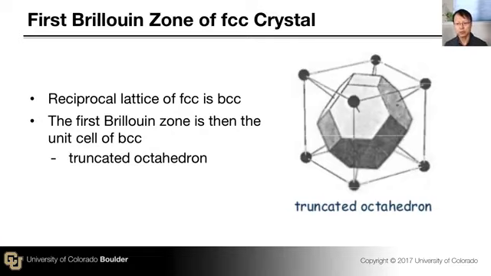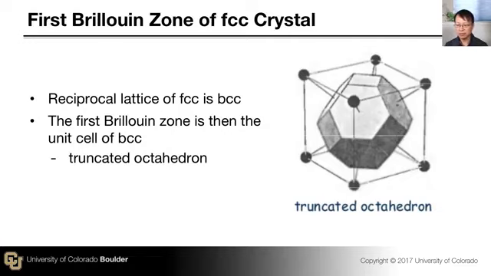So the reciprocal lattice of these crystals would be the reciprocal lattice of FCC, which is body-centered cubic. That is, if you Fourier transform an FCC lattice, then you would get a BCC, body-centered cubic lattice. And therefore, the first Brillouin zone for these crystals will be the unit cell of a body-centered cubic lattice.